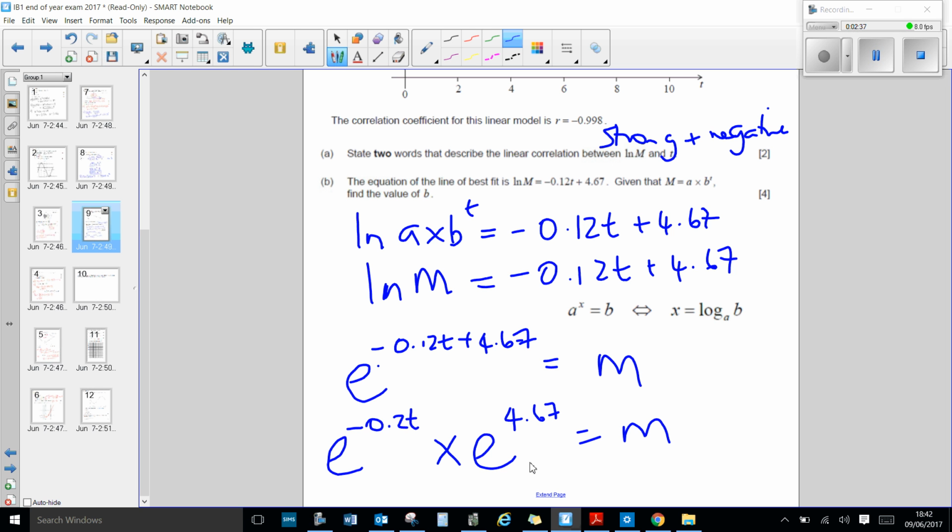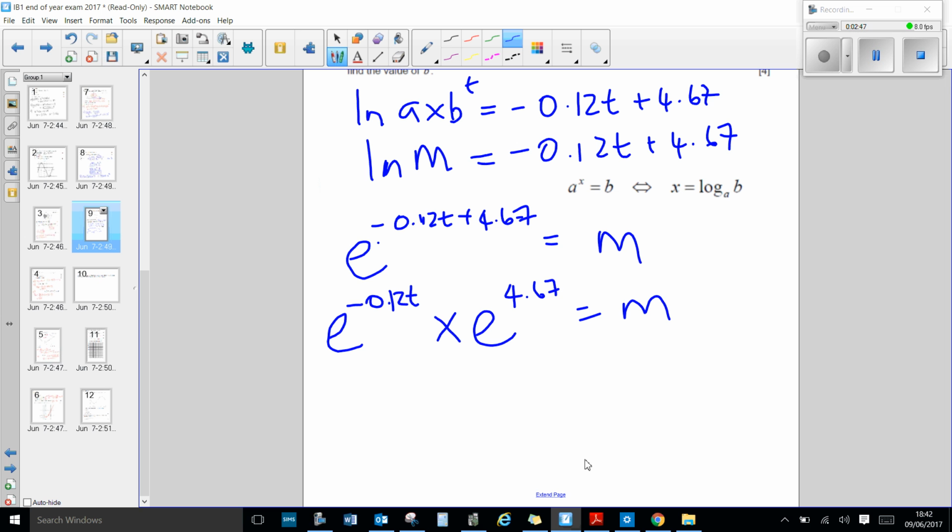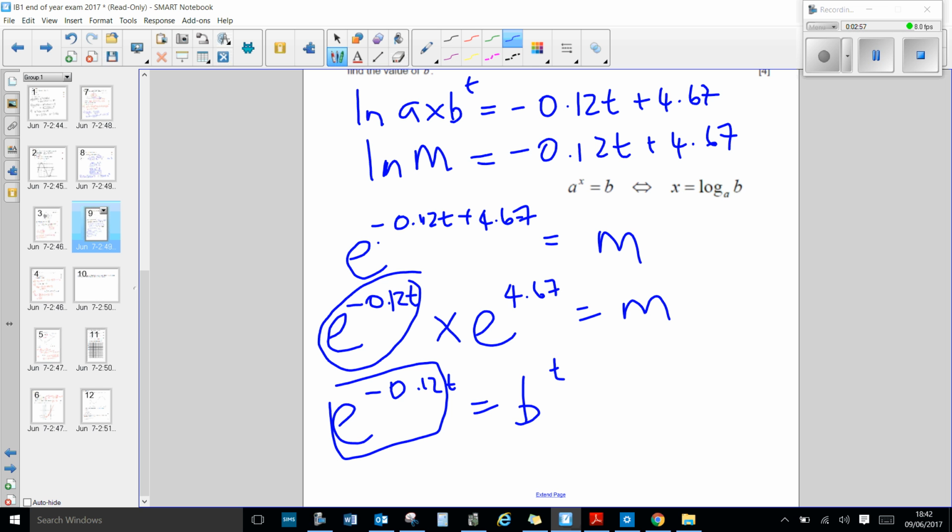And so if e to the negative 0.12t equals b to the power t, it means that b is e to the power negative 0.12, sorry. Hopefully we're happy with that, because b to the power t means you would multiply your powers, which is where the t came from.